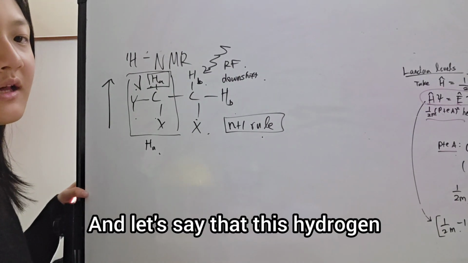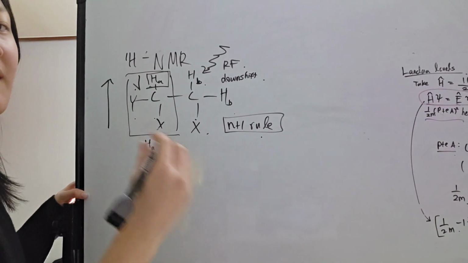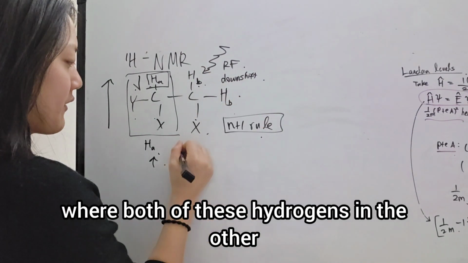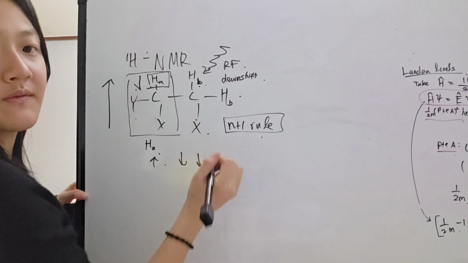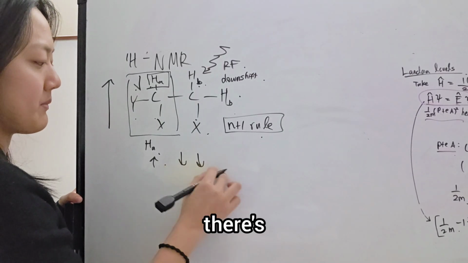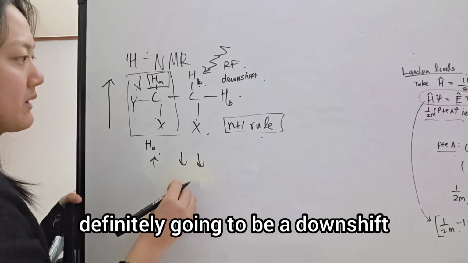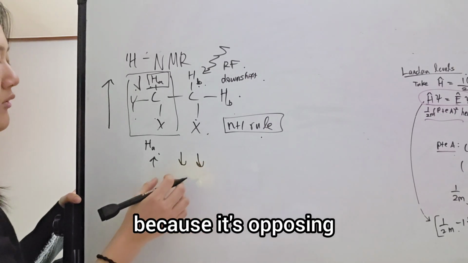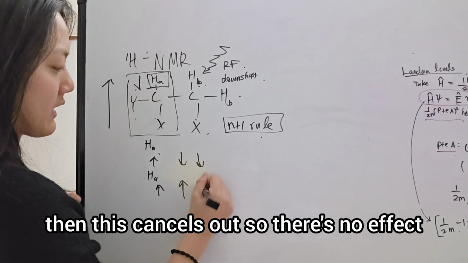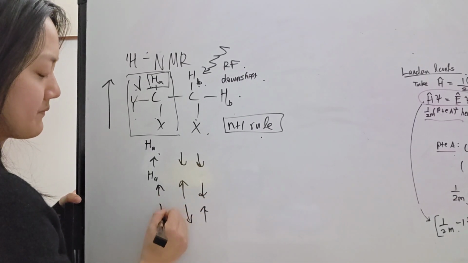And let's say that this hydrogen is up spin, then there might be a case where both of these hydrogens in the other environment are downspins. And in this case, there's definitely going to be a downshift because it's opposing. Let's say that this is the case, then this cancels out, so there's no effect, and it can be this as well.